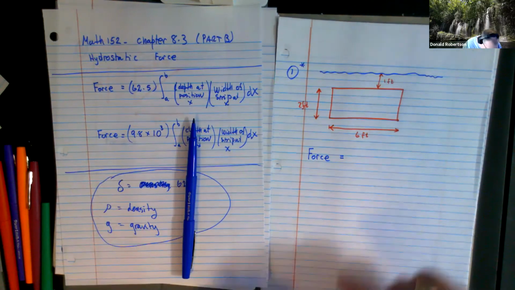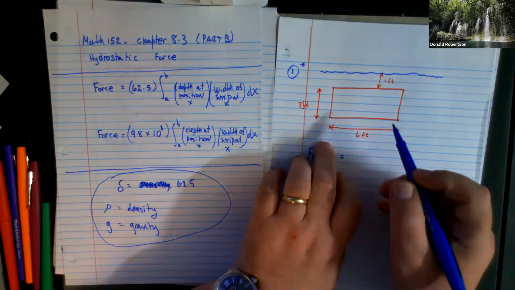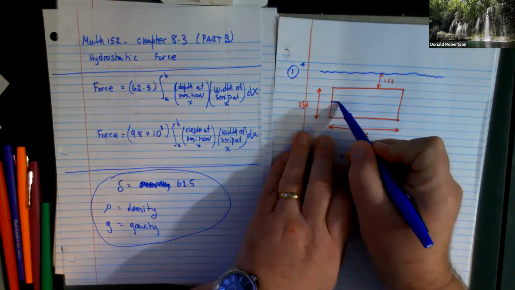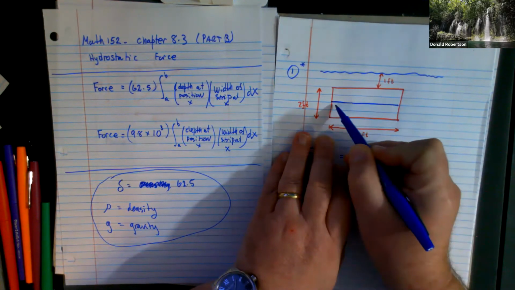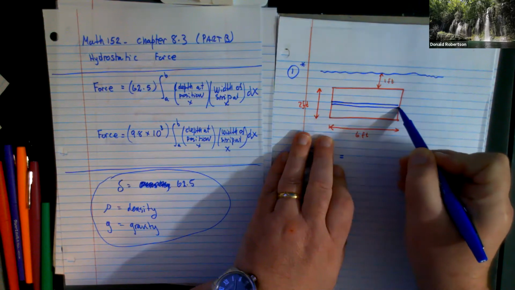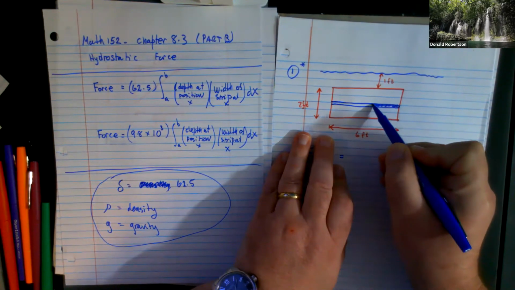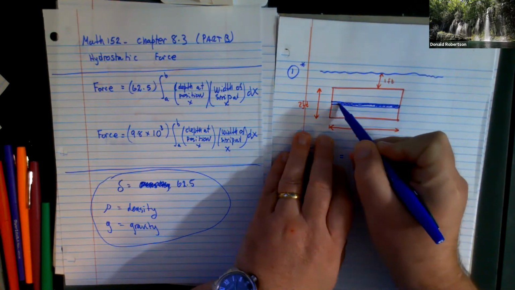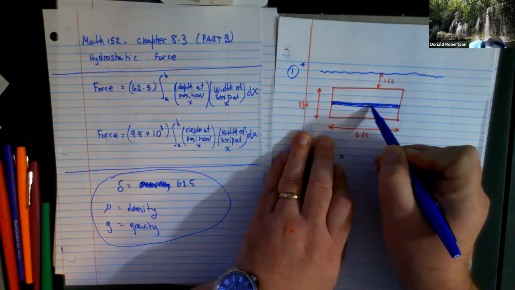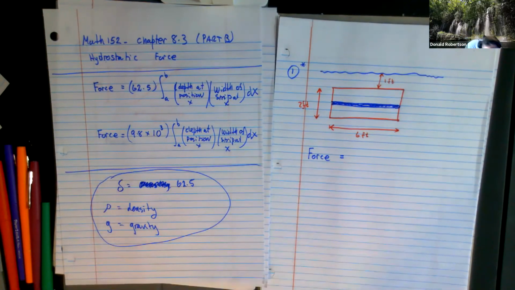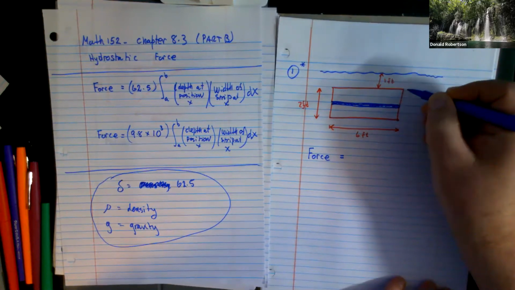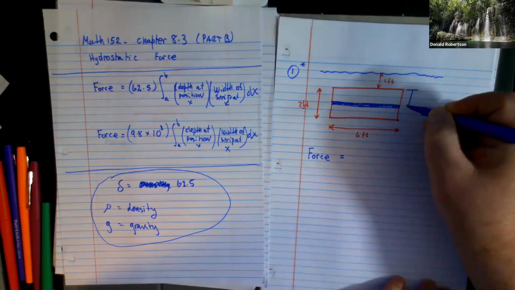So you got your little picture. And what you do is you pick a random little baby strip, and you measure the distance to that strip from the top of the plate.